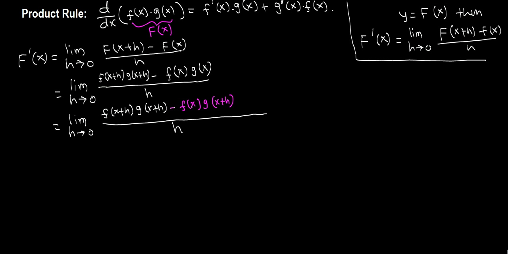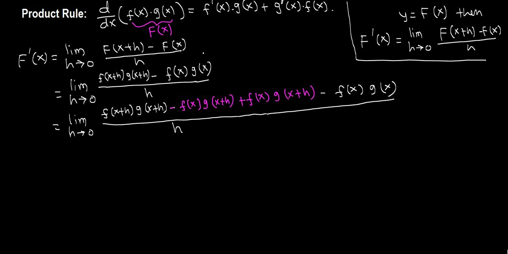You will see in a moment. And this one is not there, so I want to add the same thing, f(x) g(x plus h). Okay, this is negative, this is positive, so if we cancel, we are back to the original. So we are basically adding 0, which is allowed, minus the last, f(x) g(x).